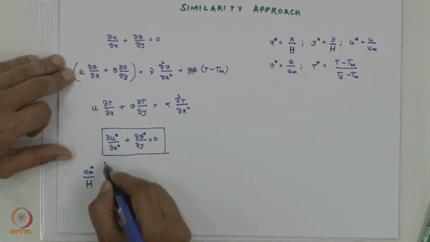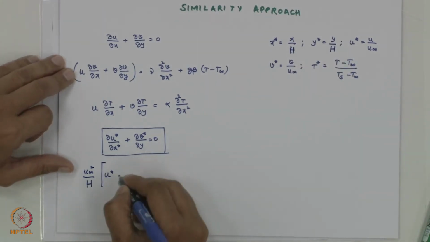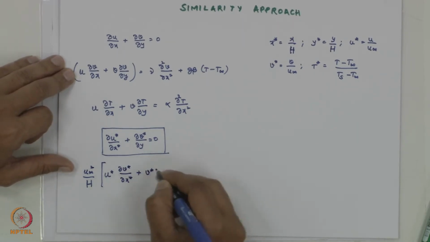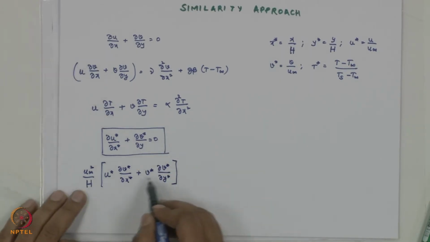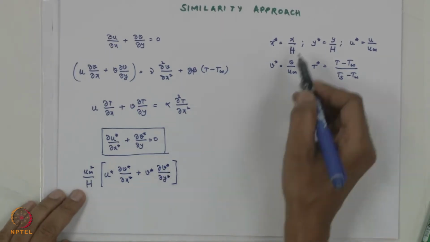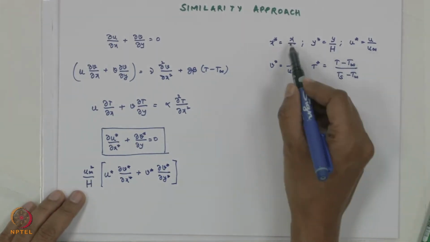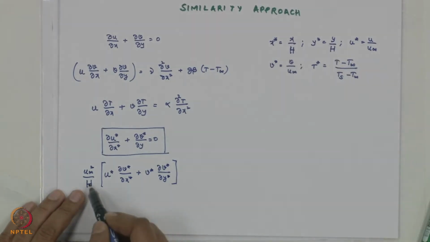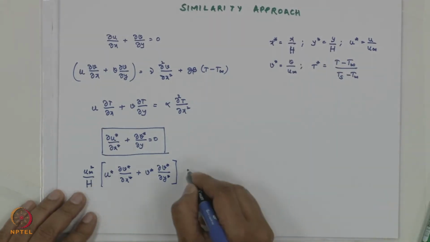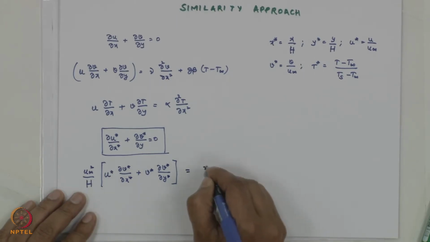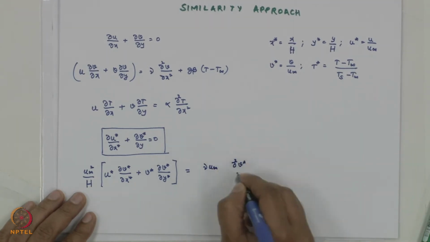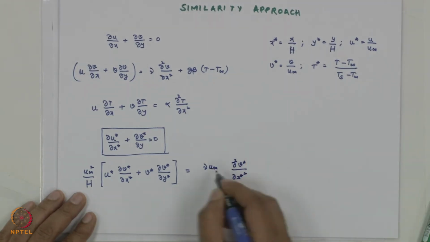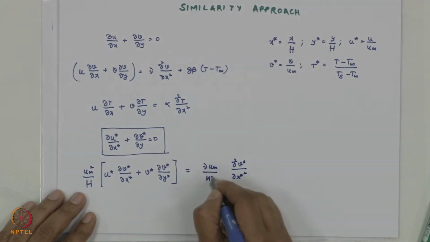So u infinity squared by h into u star del v star by del x star plus v star del v star by del y star, because you have two velocities and one length scale, and every velocity I am non-dimensionalizing with u infinity and every length scale with h. So the common factor u infinity squared by h is equal to nu, v becomes u infinity, del squared v star upon del x star squared, and x star squared is nothing but h squared.